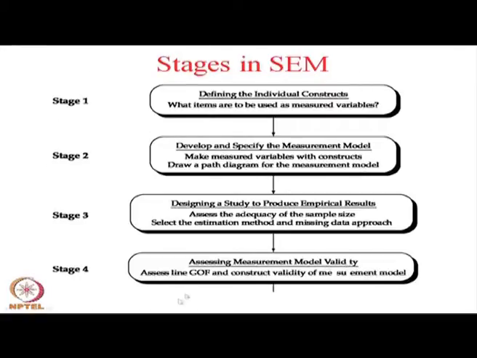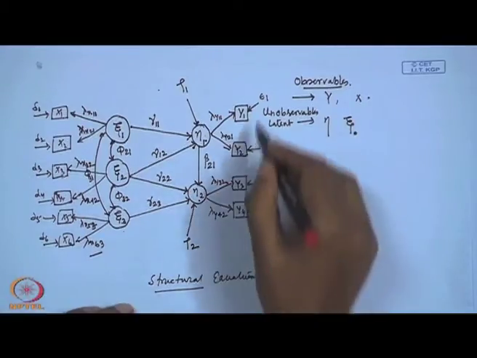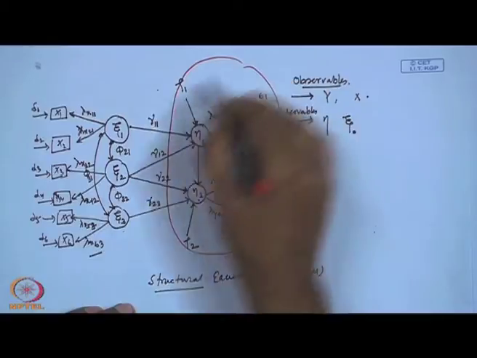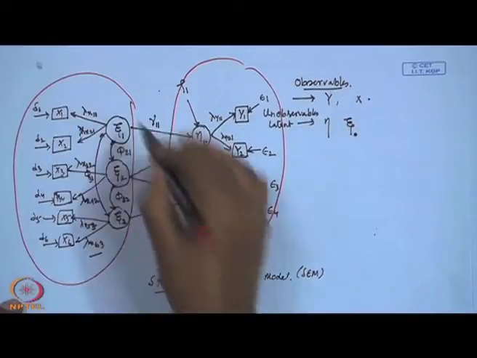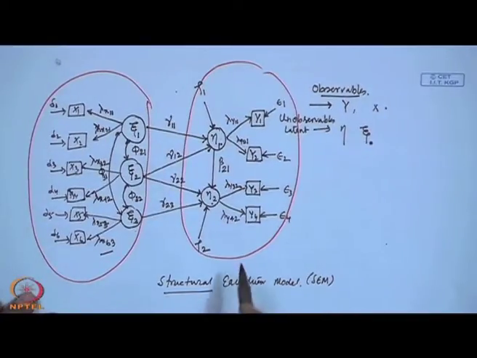Then assessing measurement model validity. That means these first 4 stages are about the measurement model. What is this measurement model? Measurement model is this part, this factor analysis part. This is your measurement side. Then what is your structural side?